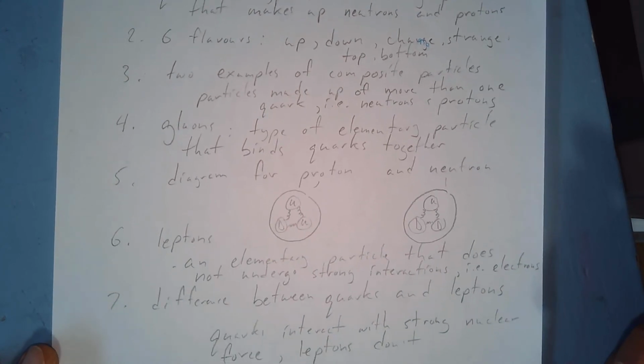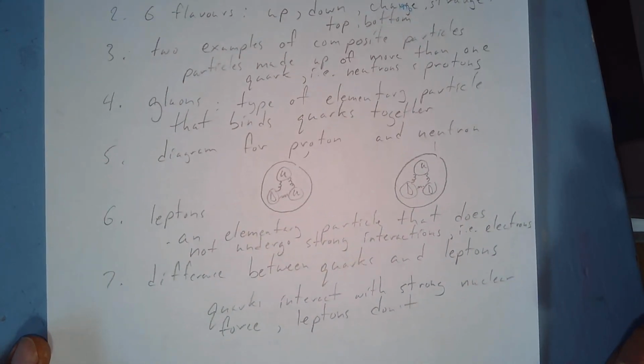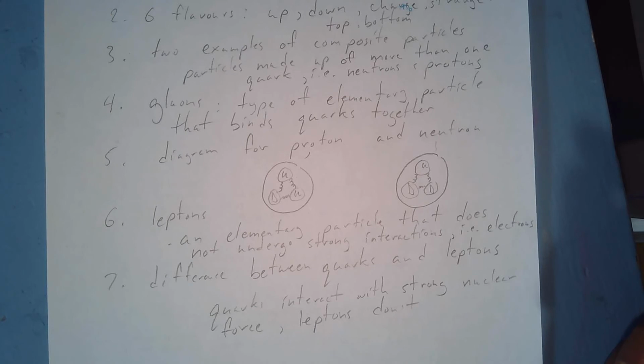The difference between the quarks and the leptons is that quarks interact with the strong nuclear force, and leptons do not. The strong nuclear force is one of the four fundamental forces, and it basically binds subatomic material together.